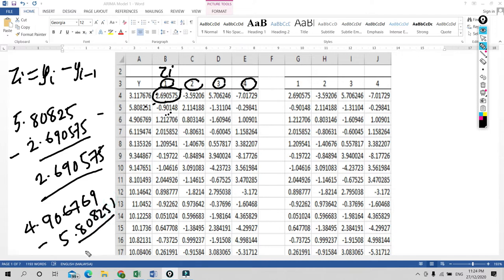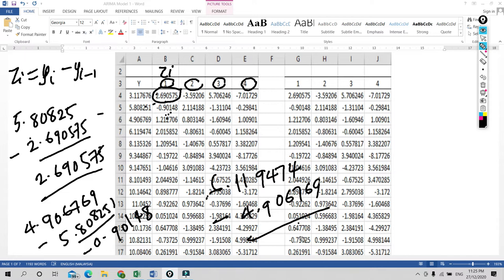So you get negative 0.9048. This value is 6.11947 minus 4.906769, which is equal to 1.212706.